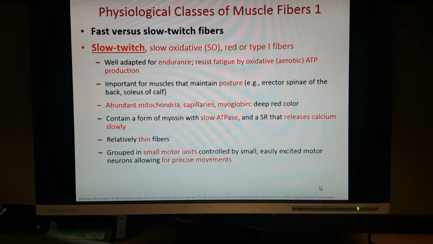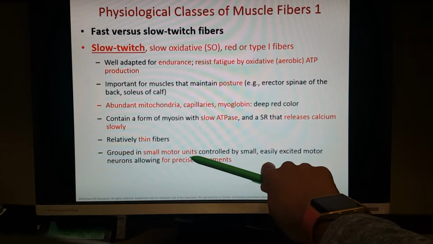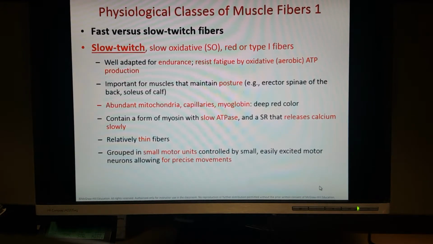These fibers are a little bit thinner. They're grouped in smaller motor units for more precise movement, those slight adjustments you need to maintain balance and posture, for example, standing on one leg, needing slight adjustments as you try to maintain that position.